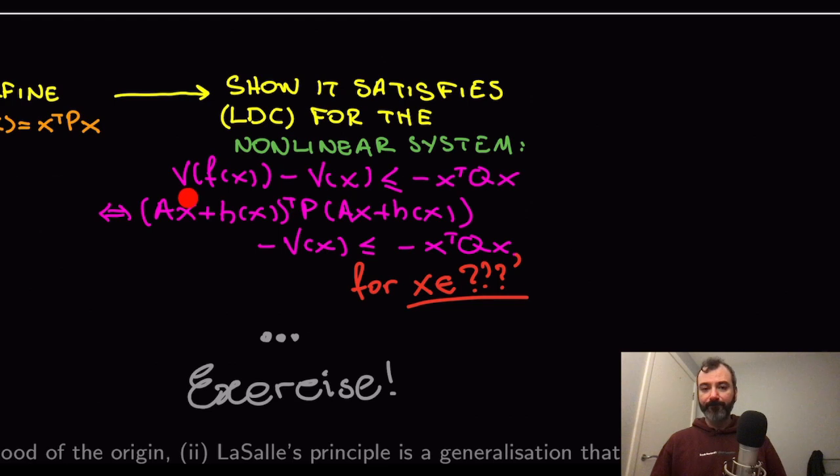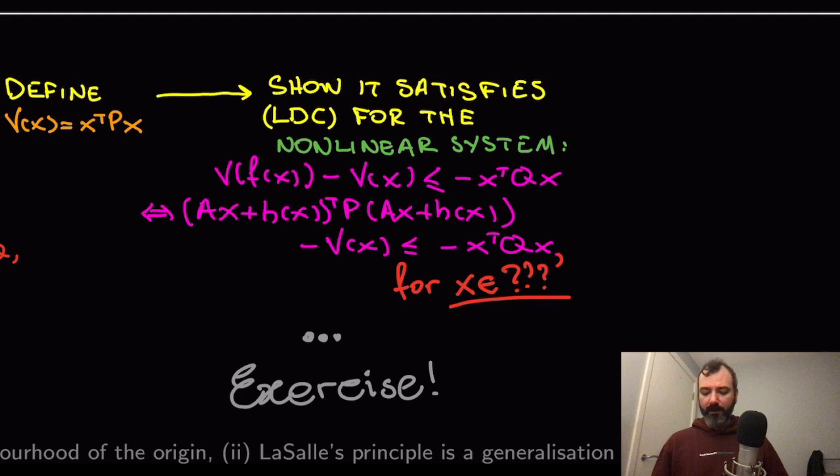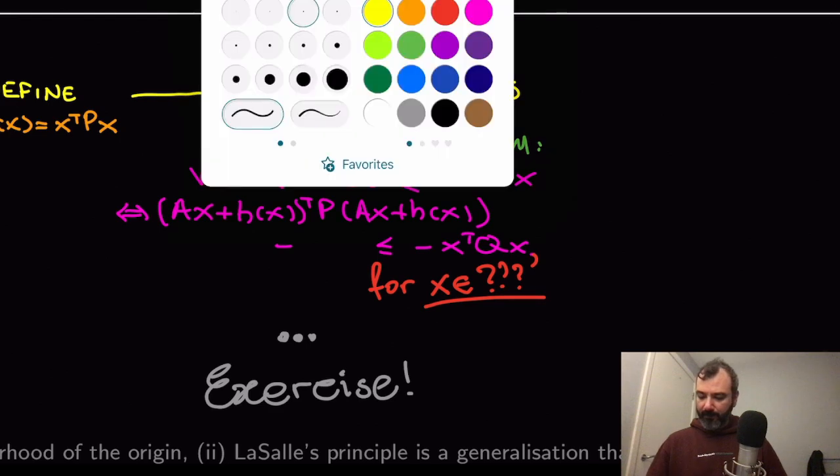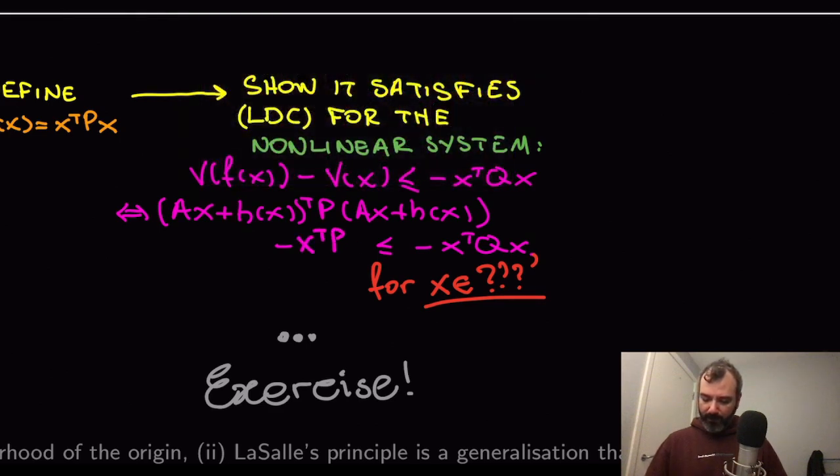We're trying to prove that the energy at the next state of the non-linear system minus the energy of the system at the current state is less than or equal to minus x transpose Q x for some matrix Q. So if you substitute f of x equals A x plus h of x, you get A x plus h of x transpose times P times A x plus h of x minus V of x, which is, by the way, I should have written here simply to make things simpler, x transpose P x, is less than or equal to minus x transpose Q x, all right? But we know a few things about h.